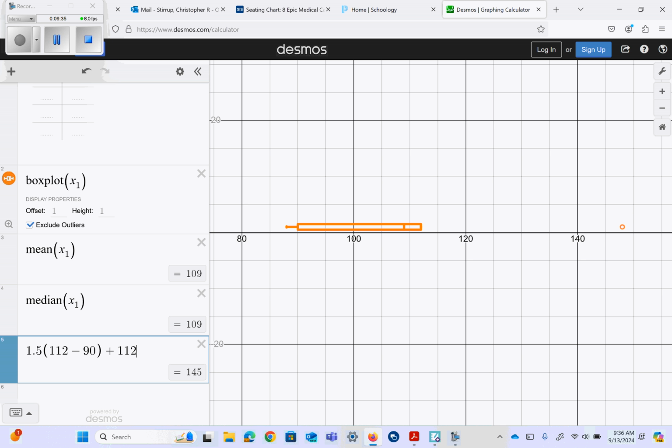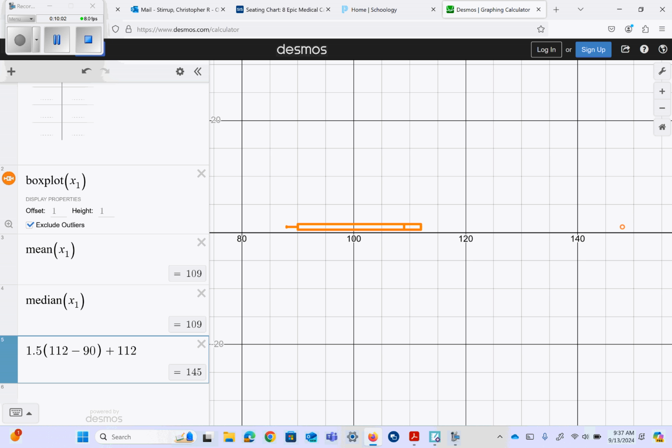As far as the math they did up there for the lower bound of 57, there are not any outliers to the left. If you just look at your data set, there's nothing smaller in that region. I would say that 57. So that means any value between 57 and 145 would not be considered an outlier for this information.